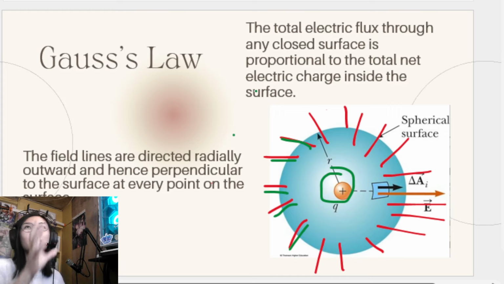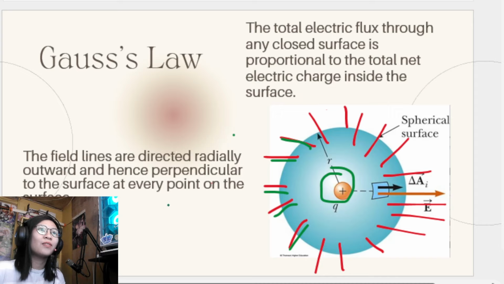Okay? So, kani siyang Gaussian sphere nato. Kung positive ang imuhang charge, daghay electric field lines na mogawas sa imuhang surface. But walay mosulod, because dili man ni siya negative. Because positive always has a radially outward na electric field.